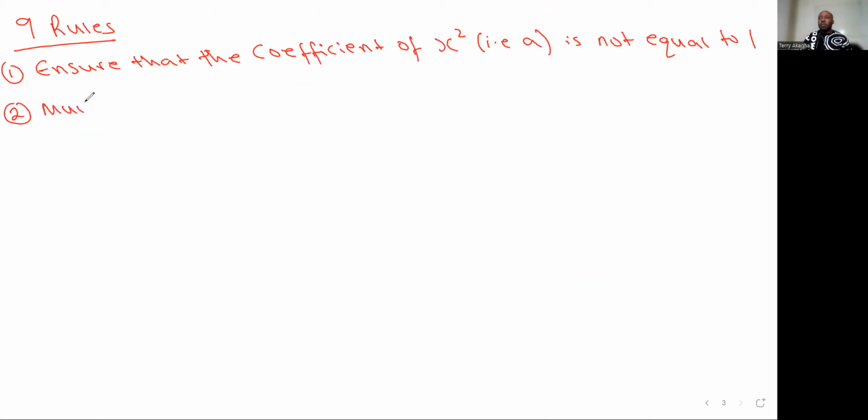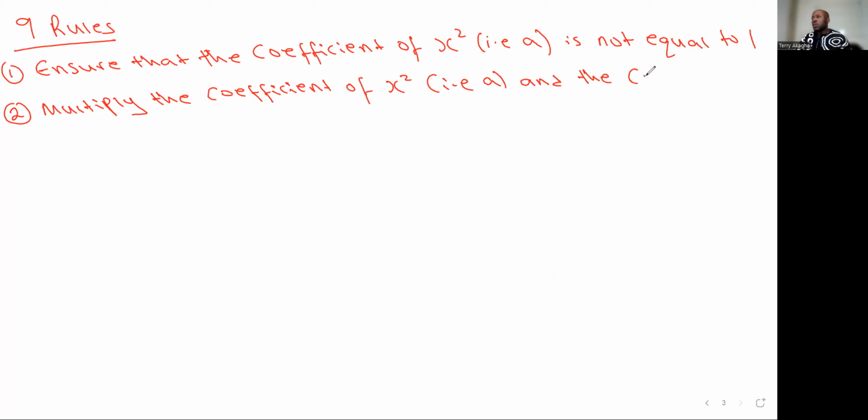So after you make sure that a is not equal to 1, you multiply the coefficient of x squared with c.